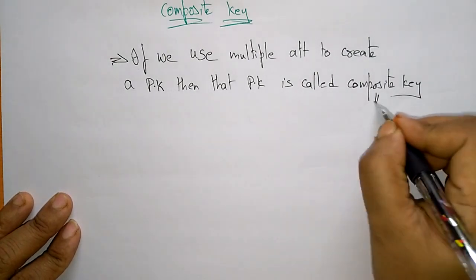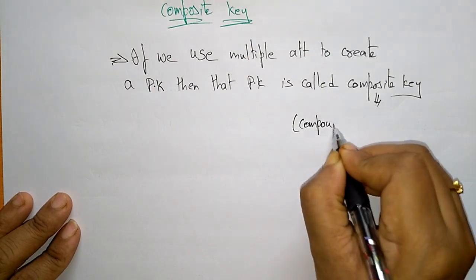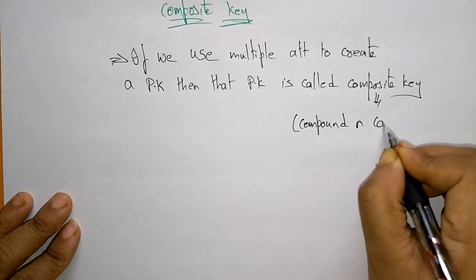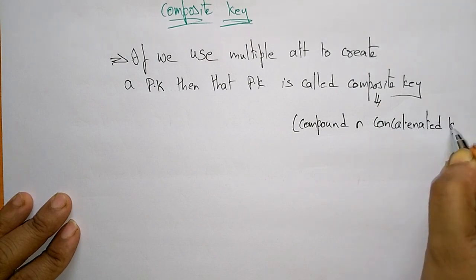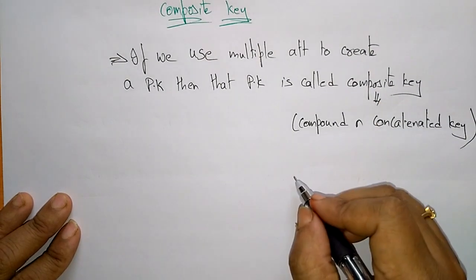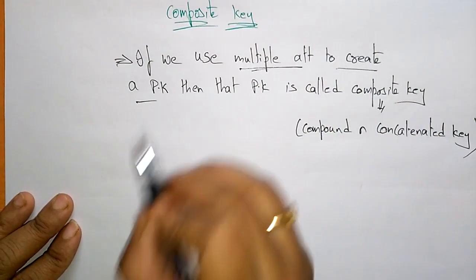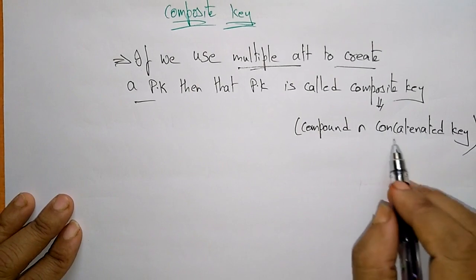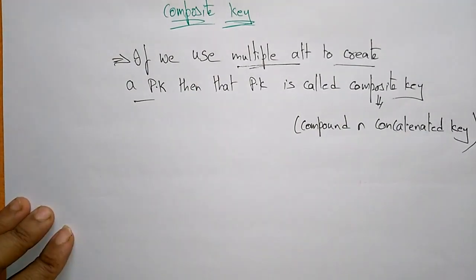So another name for this composite key is compound, means you are combining, compound or concatenated key. Let me explain with example, then you'll understand.